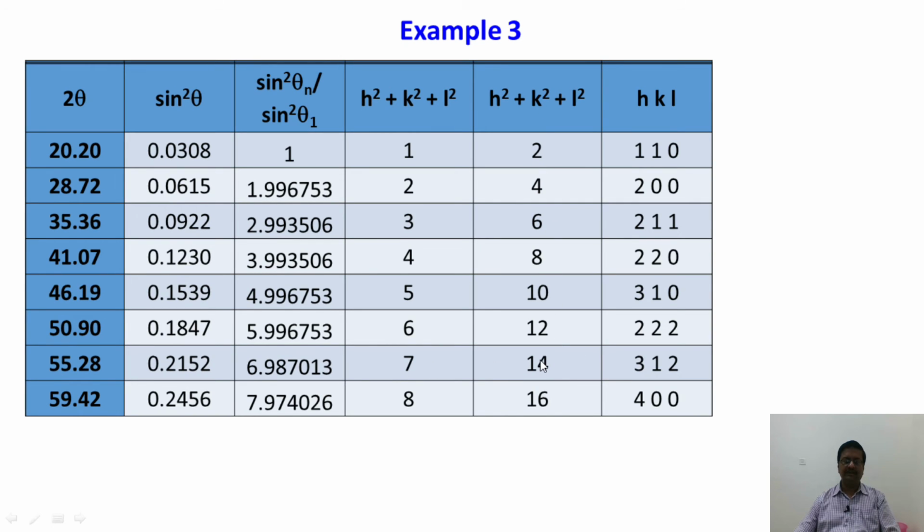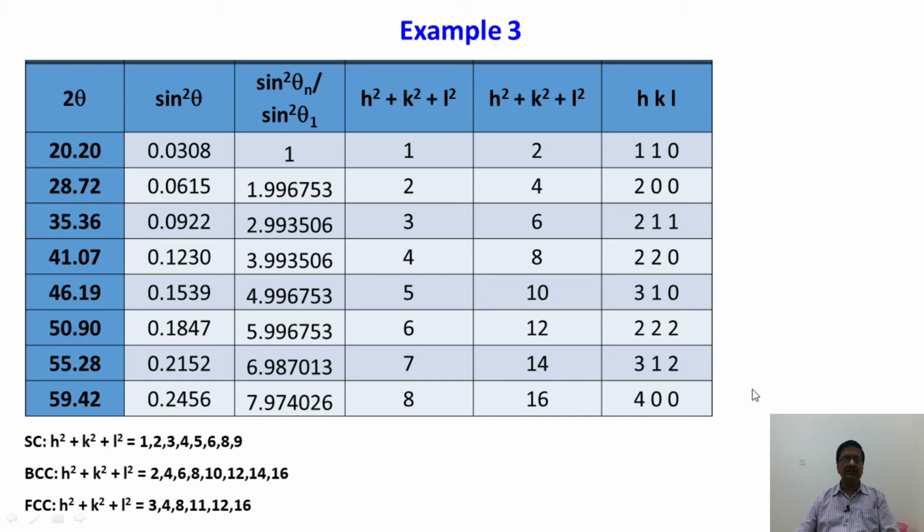So 7 becomes 14. And then this series of numbers now can be converted to HKLs logically, with H, K and L being integers. So these integers then represent the corresponding indexing of those reflections. So the planes appearing at different 2 theta values will have these HKL values as indexing.